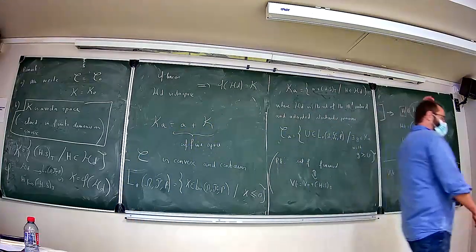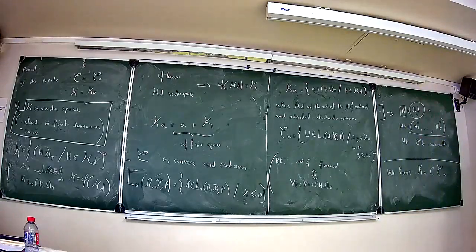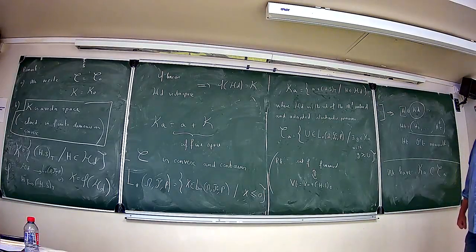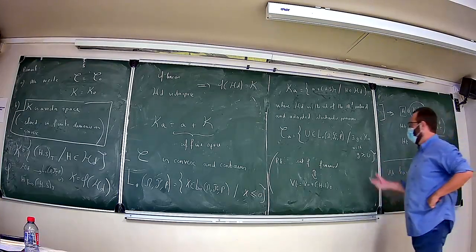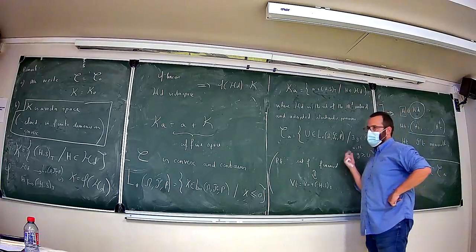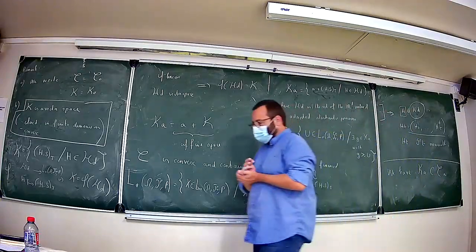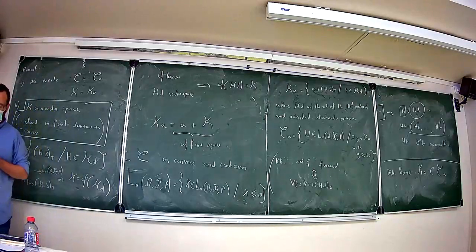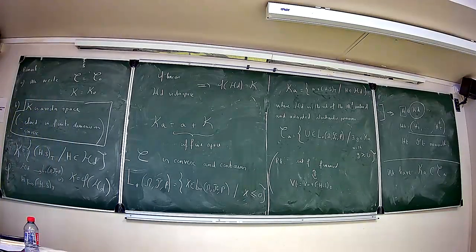So C is convex and contains the random variables that are negative. It means that I have a lot of elements in the set of the over-replicable contingent claims, because I contain in particular the random variables that are negative.